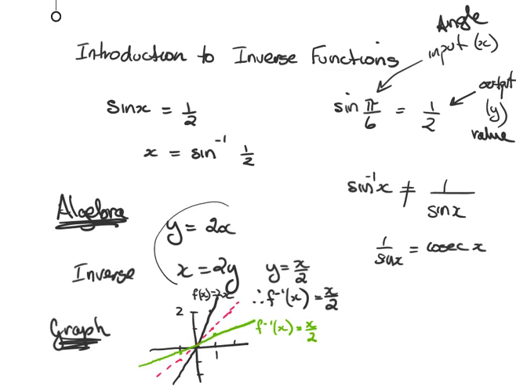Algebraically, we're going to swap the positions because our understanding of inverse is we're swapping from knowing the input and finding an output on a normal function to wanting the input knowing the output. I'll stop the video there and move on to the note.